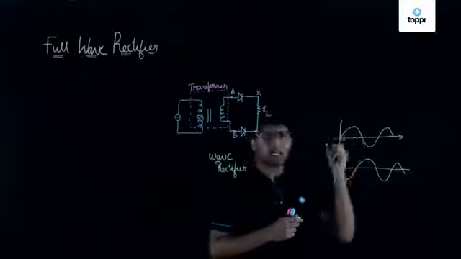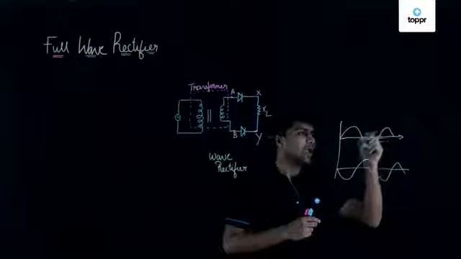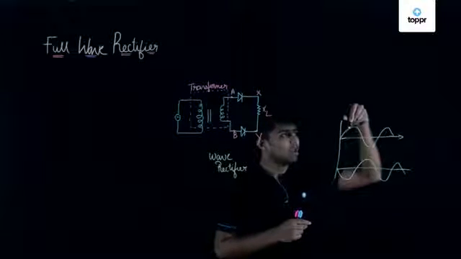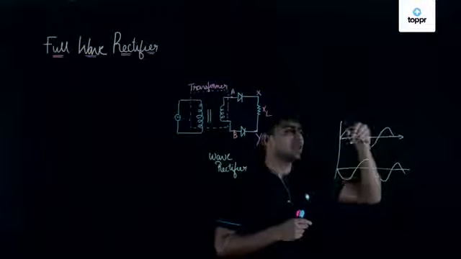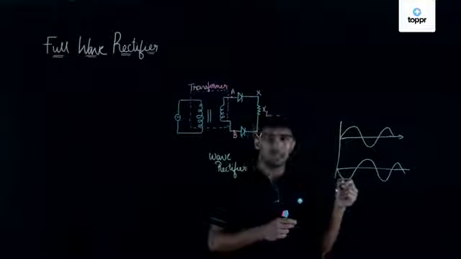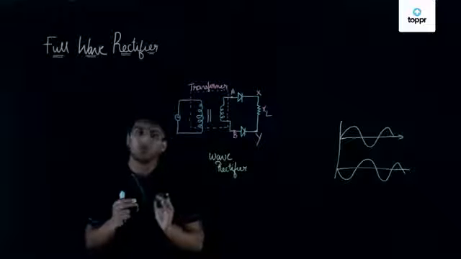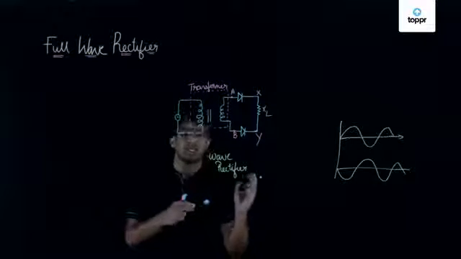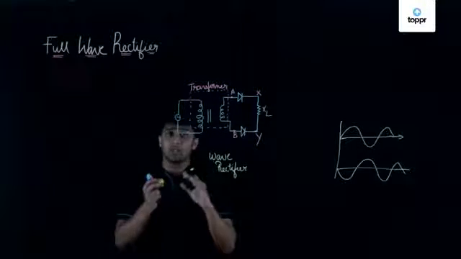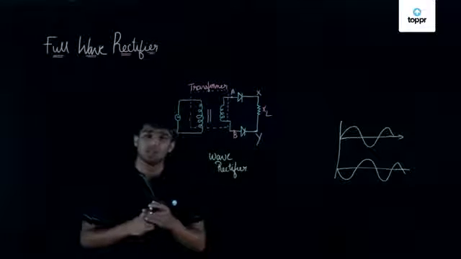The cycle number 1 full wave will be rectified, and this part also will be rectified, this part also will be rectified. So we will get a proper output when we use a full wave rectifier. This half wave rectifier and full wave rectifier are applications of a PN junction diode.